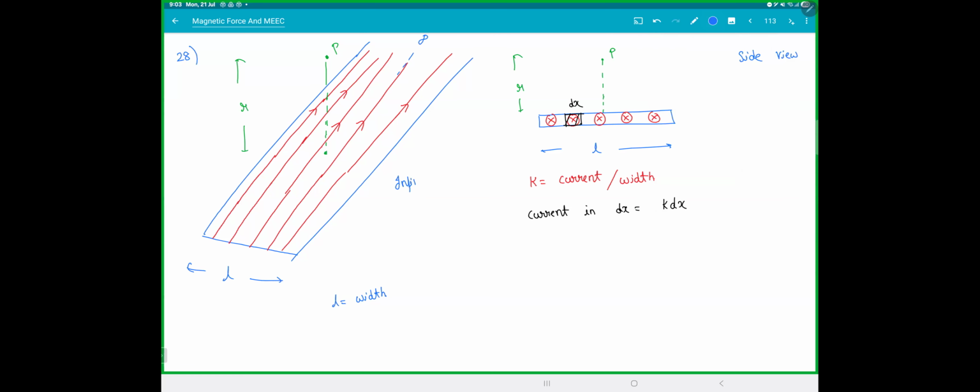Plate is long, infinitely long, but it has a width. Current flows along the surface as shown. Find the magnetic field at point P. P is a point above the surface from the center. P is at a height R from the center of the plate.